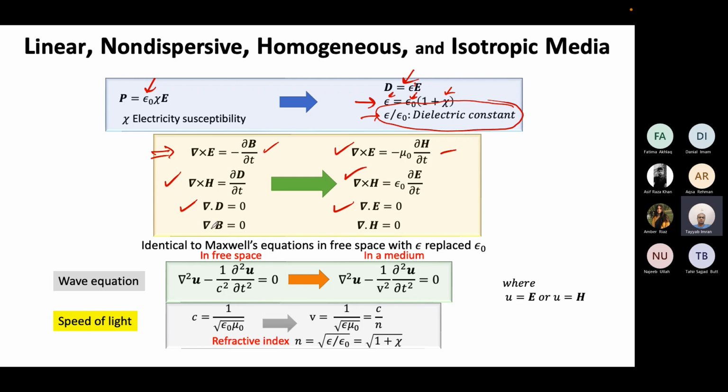The free space, ठीक है, we are not considering this thing here, which is a volume charge density. ठीक है, magnetic field no poles. ठीक है, and we can also write like this.